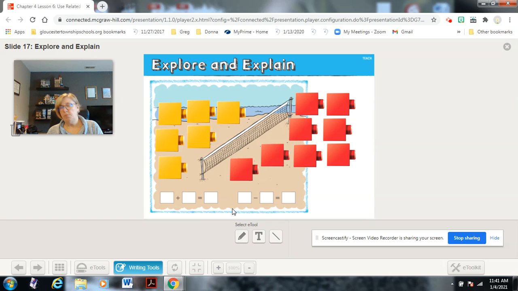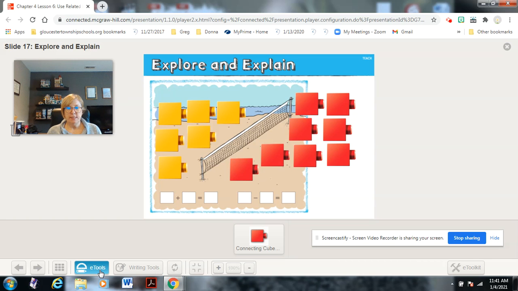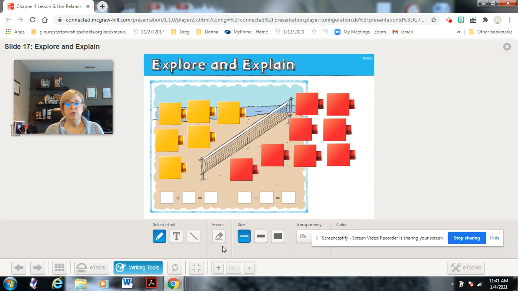Want to know how many people are playing volleyball in all? All right. So let's see. Check your answer here. Well, there were 6 players on the left side of the net. So there's a 6. There are 8 players here.